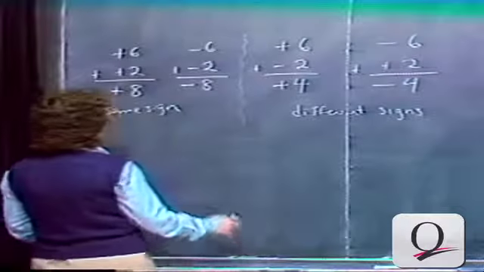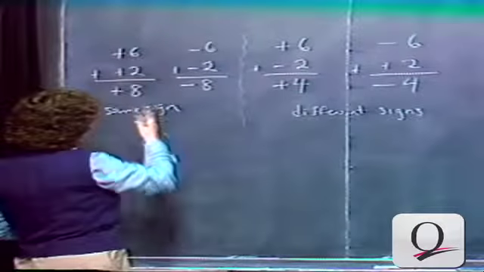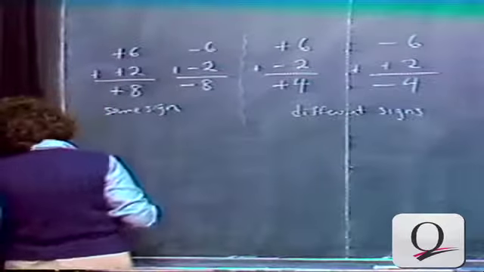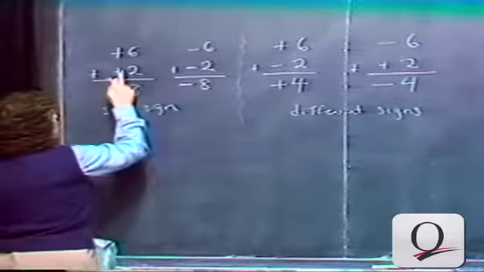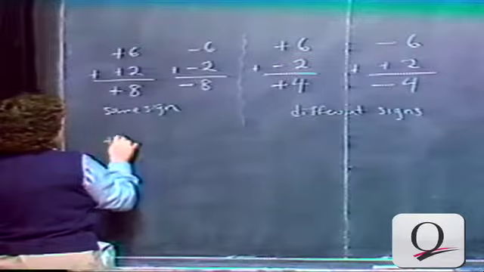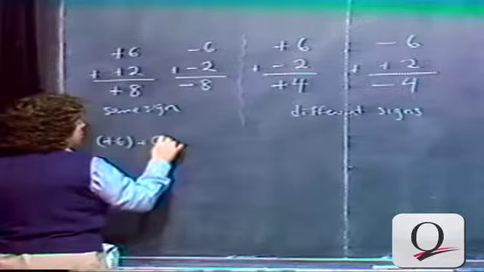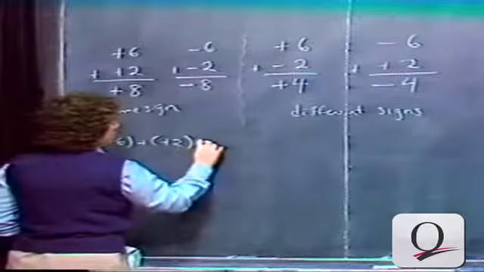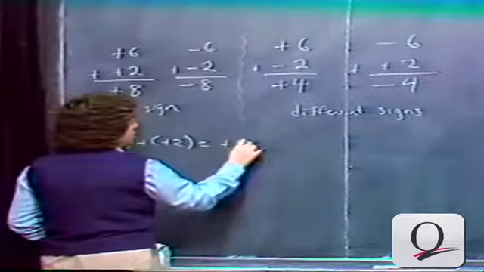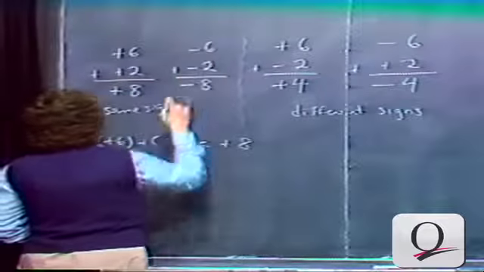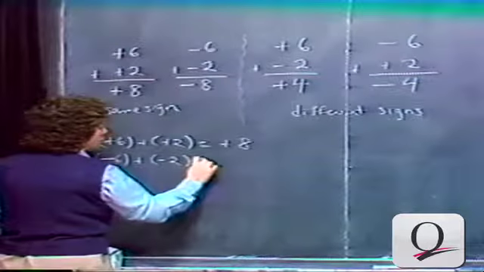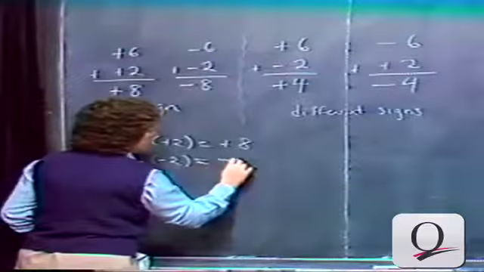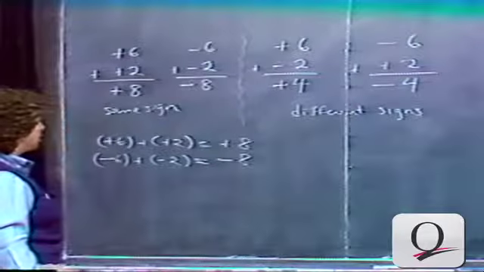Okay? Now, we've written these problems vertically. Sometimes the problems are written horizontally, and you have to get used to it both ways. For example, this could be written as plus 6 and a plus 2, and then you would write plus 8. Or minus 6 and a minus 2, giving you a minus 8.